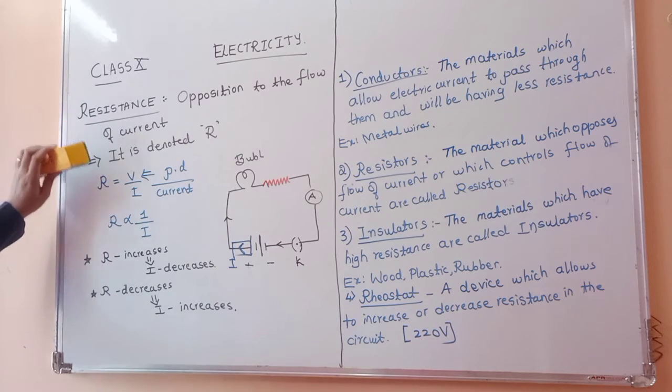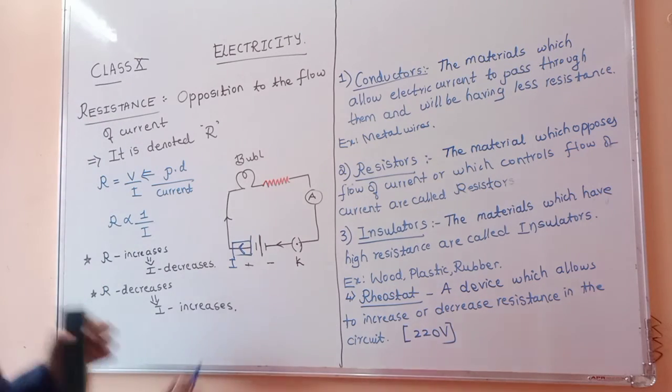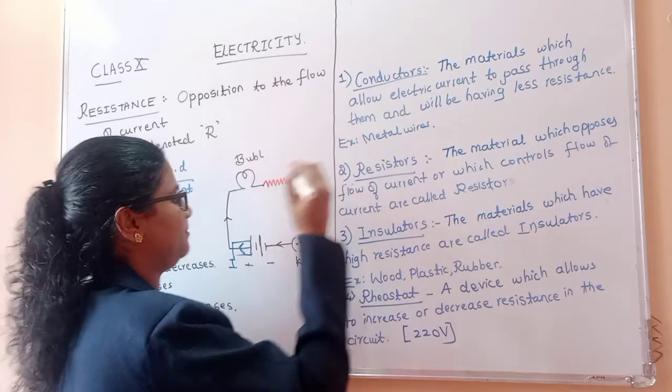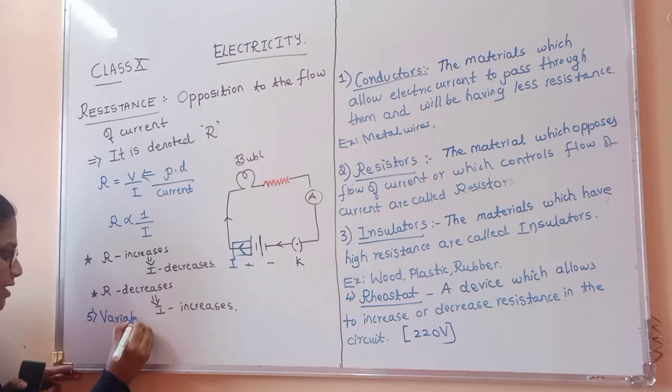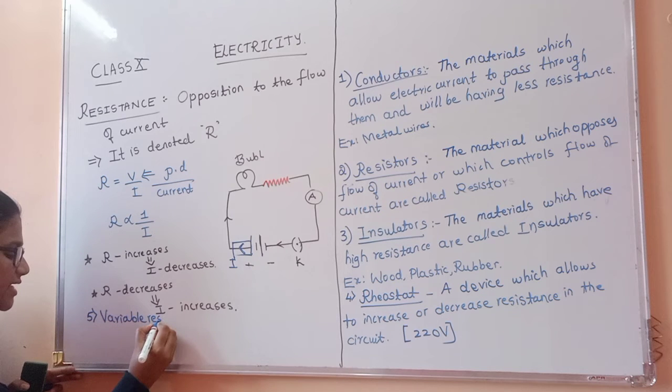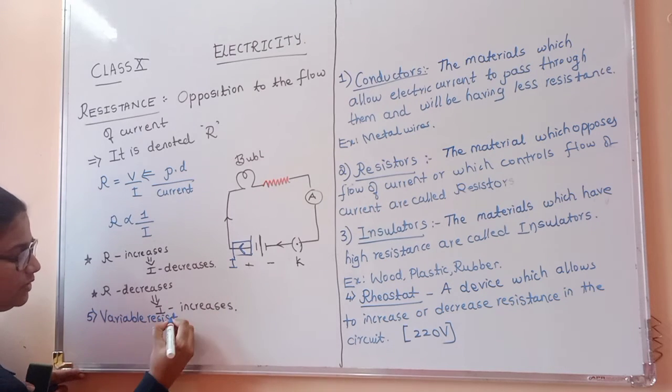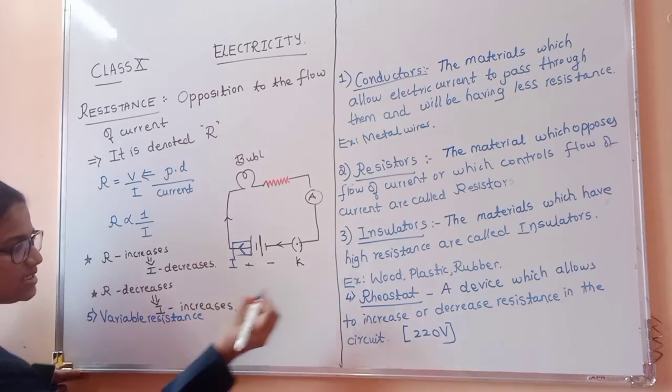Let me write here itself. So the fifth point is variable resistance. What is this variable resistance? It is given by the rheostat.